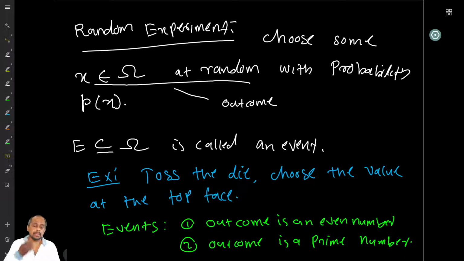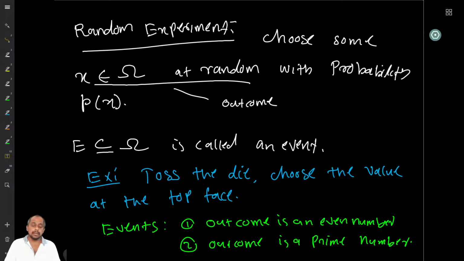For example, you take a die and toss it, so the face with 3 dots comes up. That is the outcome, and the probability of this happening is 1/6.